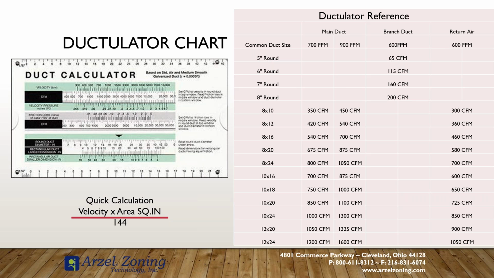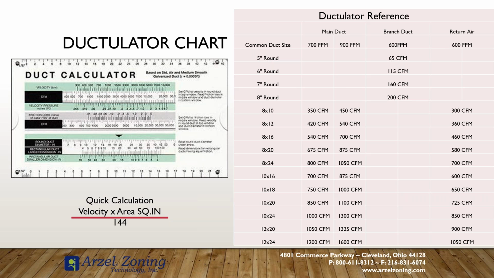Now, if the ductwork is sealed itself, maybe we've taken things to an extreme to where we're just not moving the air that we need, or maybe our ductwork is grossly oversized and we're not delivering it effectively to where it needs to be. So really we need to take a look and see how our ductwork is performing in that application. So in the last class, I gave the formula for velocity times square inches divided by 144.